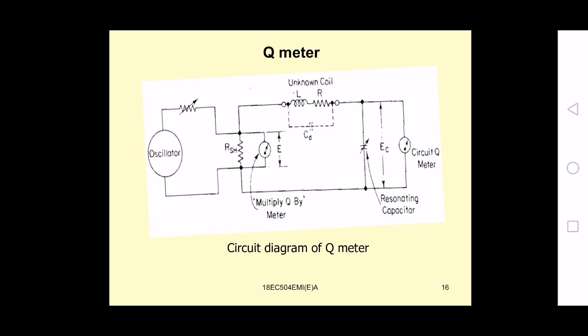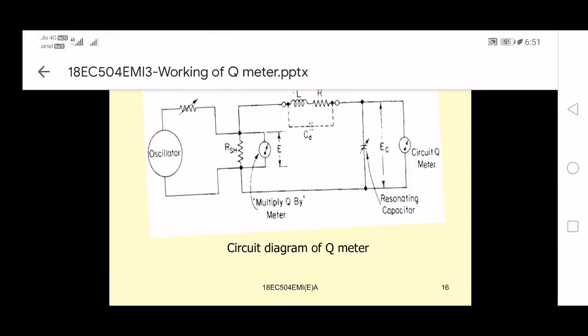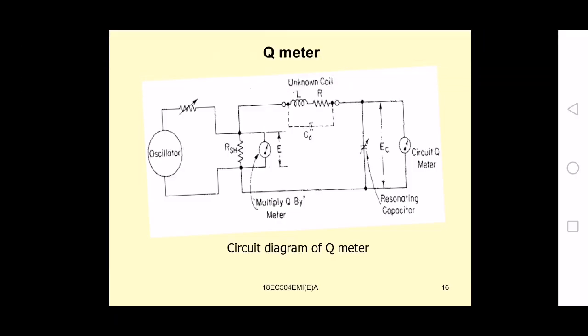For the actual measurement, we place the unknown coil at the test terminals, these two dotted terminals. This is the unknown coil having resistance R and inductance L, and which has an unknown stray capacitance CD.